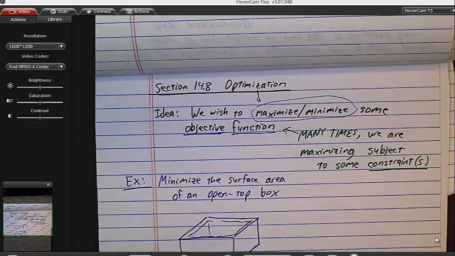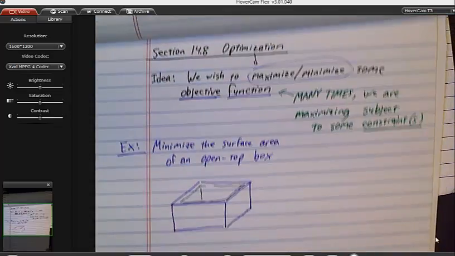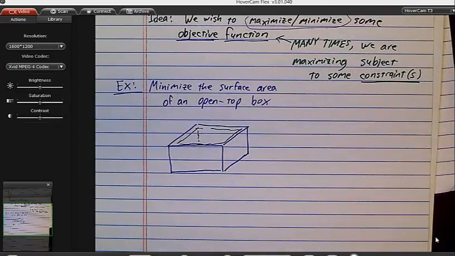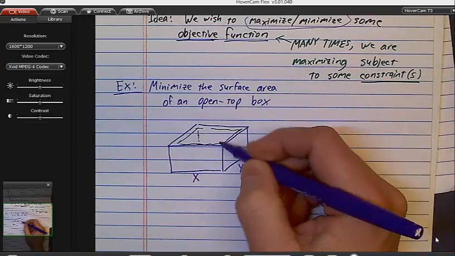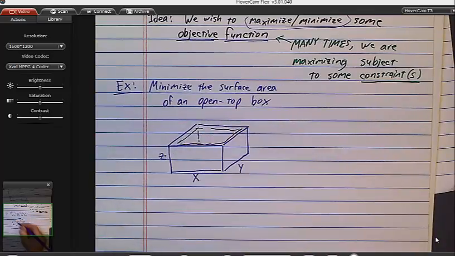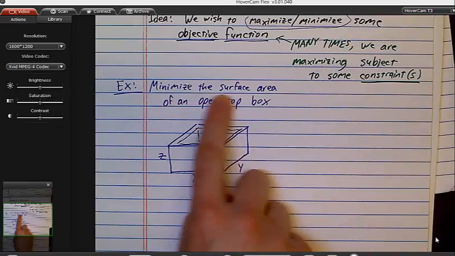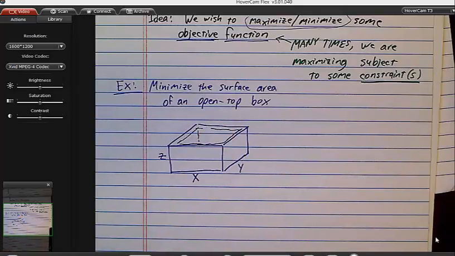So we're trying to use some kind of a material and build this box. And so I guess what I can do is I can say that this is x and this is y and then maybe this is z, right? And what I could say is, well, I could say that we're going to minimize the surface area of an open top box.